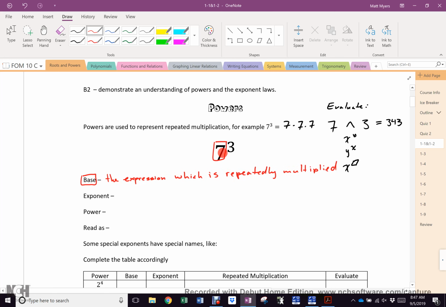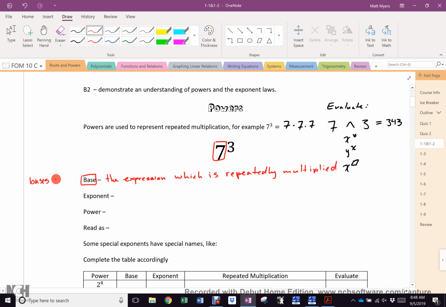So in this case, the base is 7, so that means it's 7 that we're multiplying. Now here's the problem, and I'm going to write this over here also in red, because I'm doing everything about bases in red.